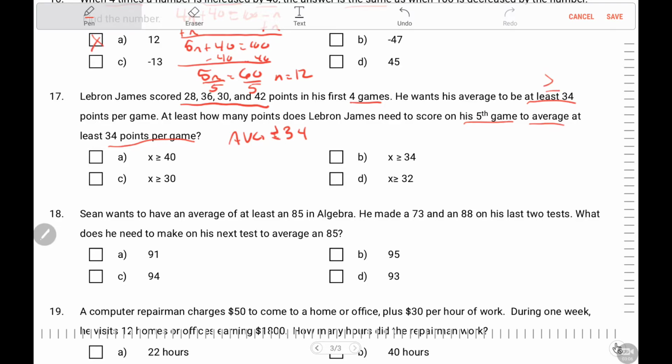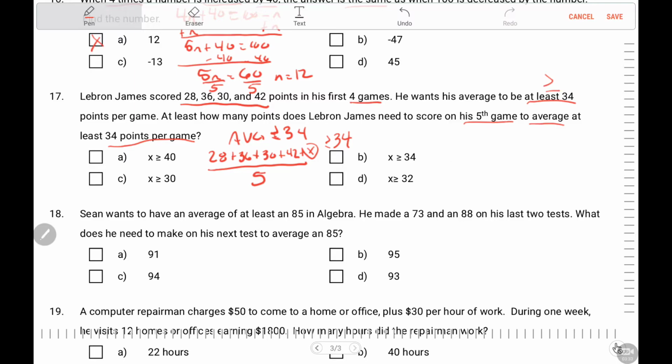So the way you find an average, if we did this through 4 games, we could find the average, but we want to know what it's got to be in the 5th game. So it looks something like this: 28 plus 36 plus 30 plus 42 plus x divided by 5 terms, or 5, because we don't know that 5th term, and we want that greater than or equal to 34.